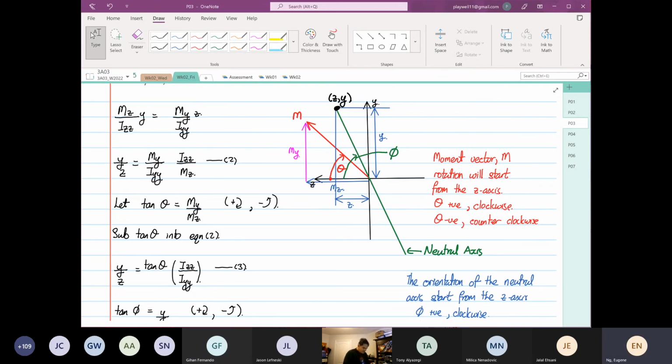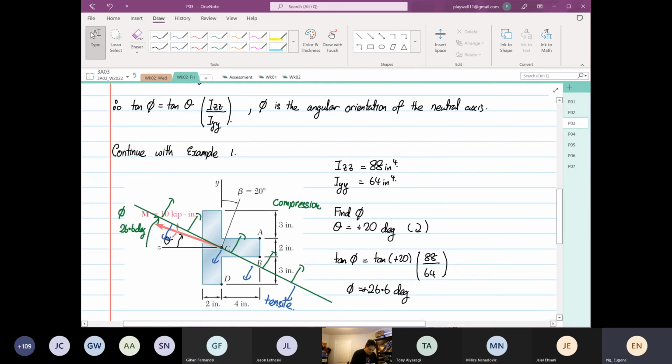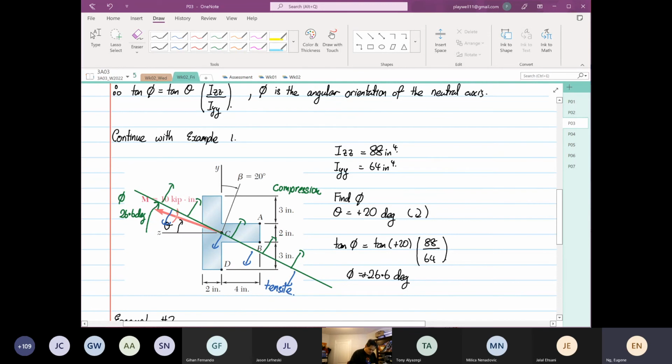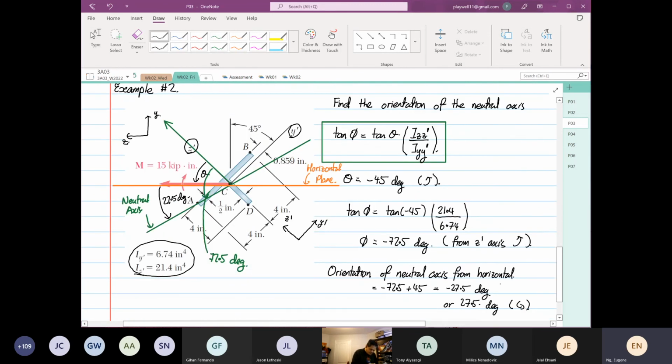So for this question, the z-axis is z prime. The global z-axis is this orientation over here. Do not follow this orientation, but follow the orientation that is attached to your structure.